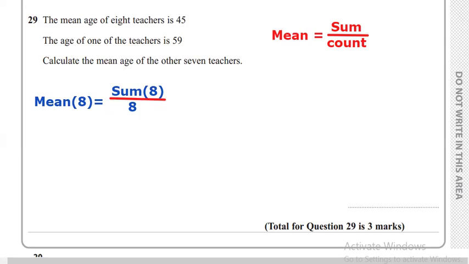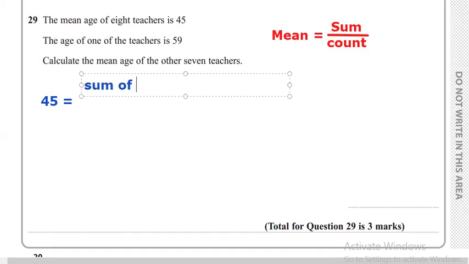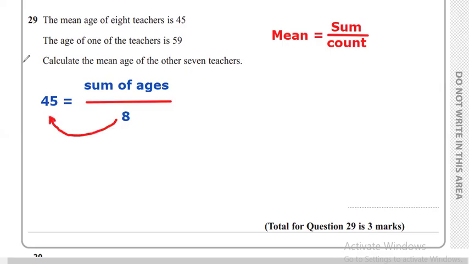Now, let me remove this because now you understand the idea of using the mean. This means that the mean, which is 45, equals what? Equals the sum of ages of 8 people, divided by what? Divided by 8, because I already know that there are 8 people. Now, I'm going to take the 8 to the other side by multiplying, because it's divided, to find the sum of ages of these 8 people.